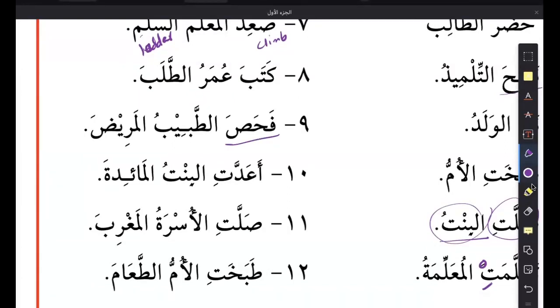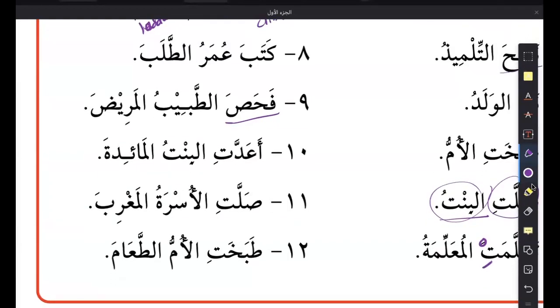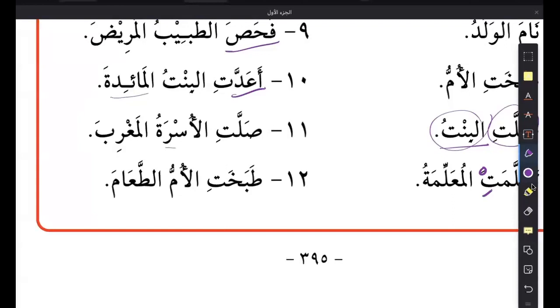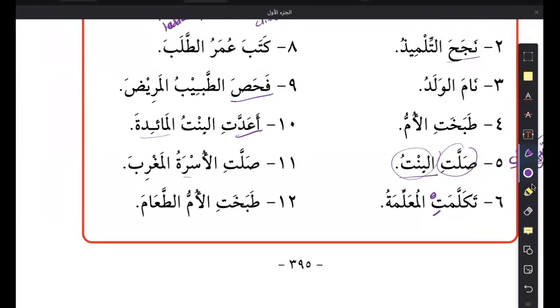The doctor examined the sick, the sick patient. عدت البنت المائدة. عدة, we talked about this one, to prepare. The girl prepared the table, the dinner table. صلت الأسرة المغرب. The family prayed the Maghrib. طبخت الأم الطعام. The mother cooked the food.